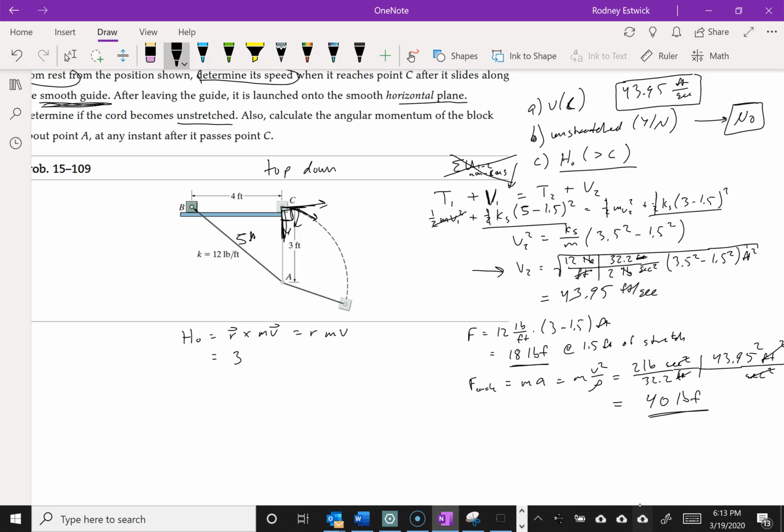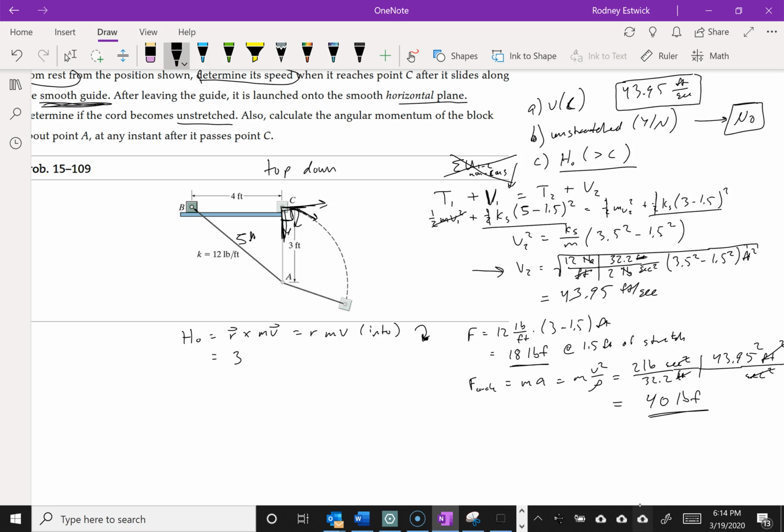Put your right hand, fingers pointing from A, right? It's the R. And then swing them towards the direction of the momentum vector. So in this case, into the page is going to be the direction. So I'll say into. Hibbler sometimes draws these circles, or these curvy arrows, to show you the direction. In this case, that would be clockwise.